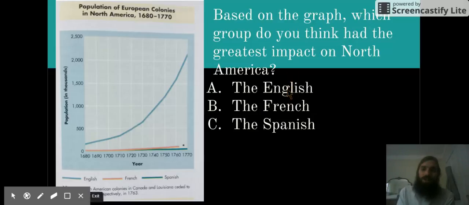The English, the French, or the Spanish? Well, if I'm looking at a group that had the biggest impact, I should be looking for the group that had the biggest population, the most people here in the Americas. So I'm going to look at my blue line. The blue line shows the highest population. The blue line is the English. The English had the greatest impact on North America.